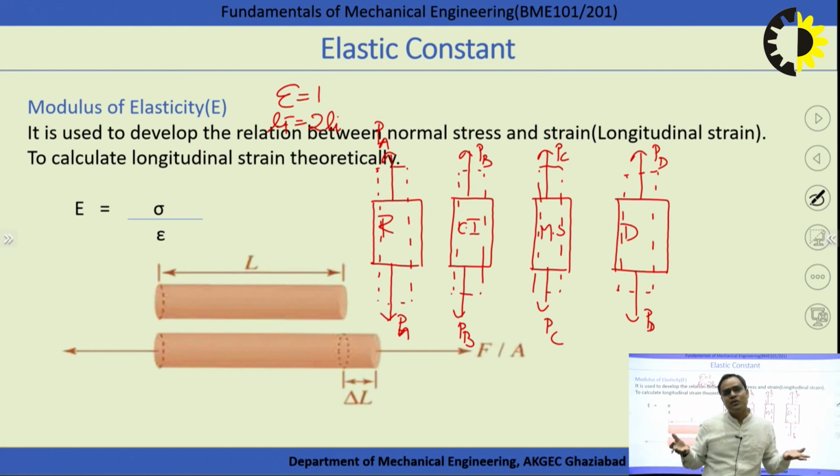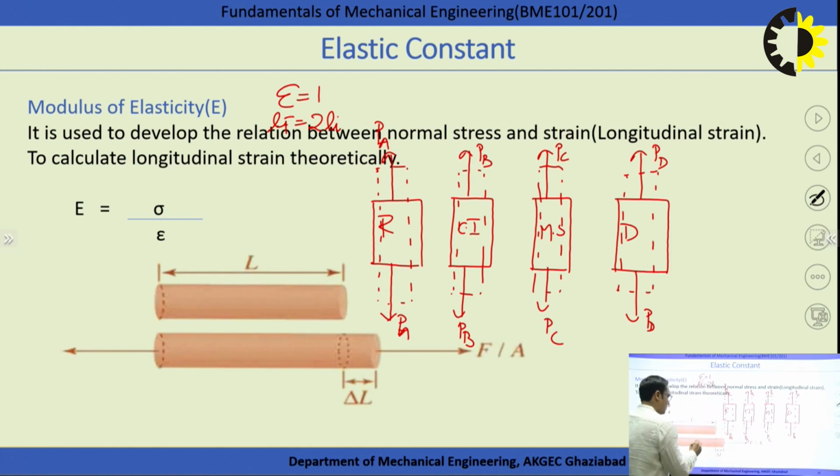And what is the meaning of stress? Internal resistance force developed in the body against the deformation due to the load. Means in which case more force is required to cause the unitary strain. So definitely anyone can see in diamond we require more force to cause the unitary strain.